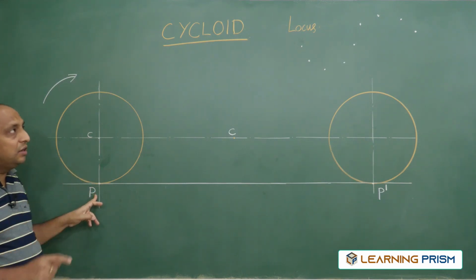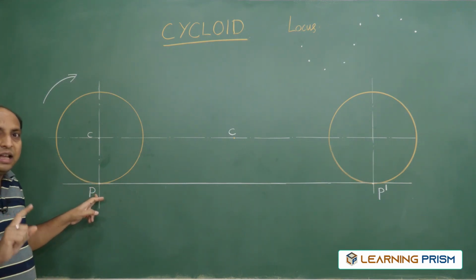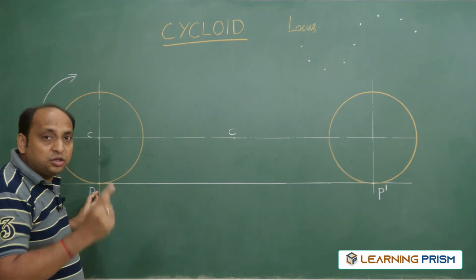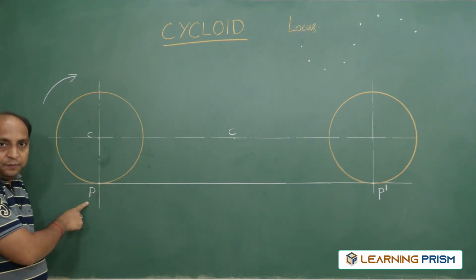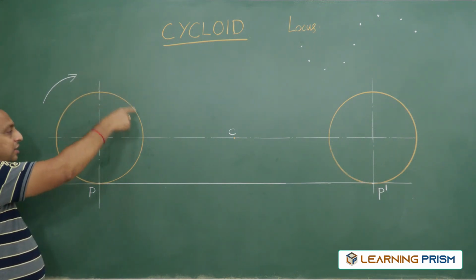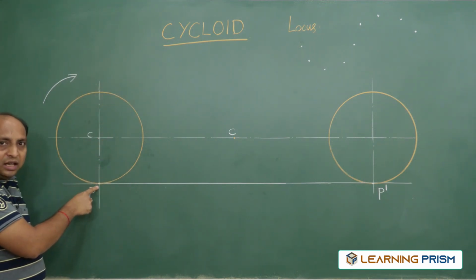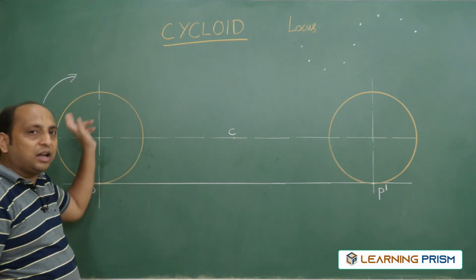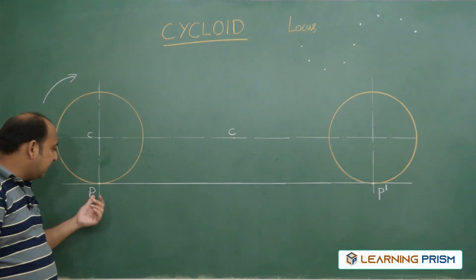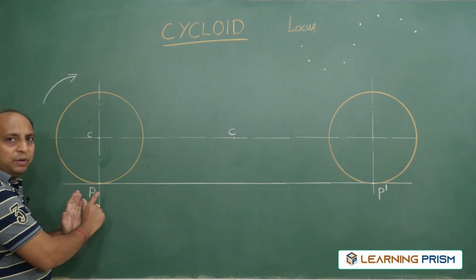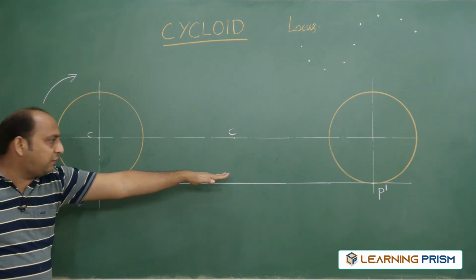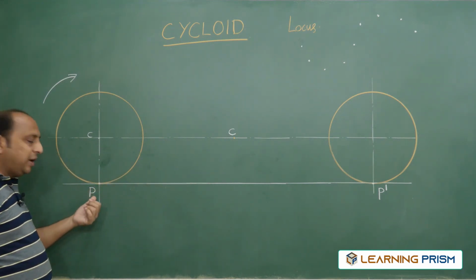In our definition for locus, I said a point is moving in a particular path, so that point is P. Here this P is actually a point on the circumference of the circle, but consider the circle is not available here. Just consider a point P. Point P is on this line. So this is the floor, or the ground. So P is on the ground.